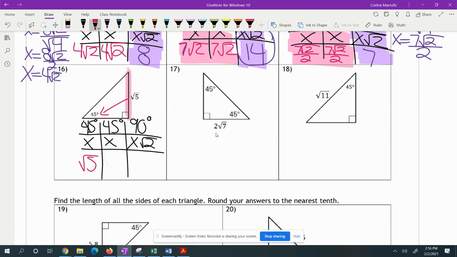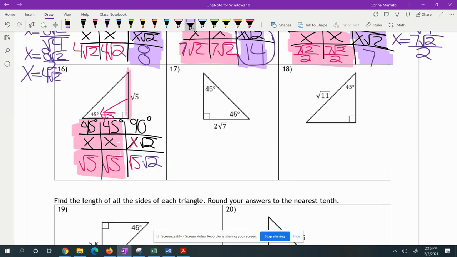Okay. That means that the other leg is also square root of 5. Okay. So then when I plug it in here instead of the x to find the 90-degree angle, because x equals the square root of 5, I'm going to plug it in here instead of the x, and then you multiply it times the square root of 2. Okay.